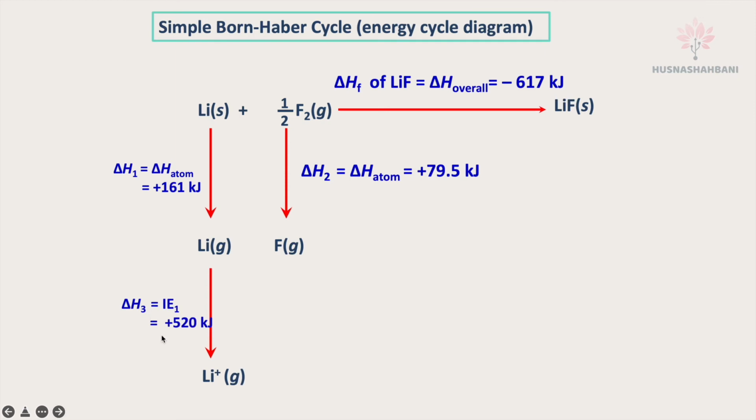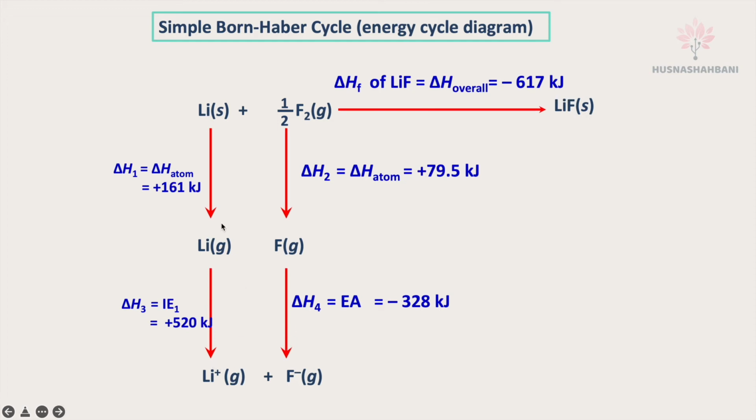This is first ionization energy, and you put the value of the enthalpy here, and then ionize the fluorine atom. This is fluorine atom group 17, so this is electron affinity. If you want to ionize this fluorine, you call it enthalpy of electron affinity, equals negative 328 kilojoule. So this is the electron affinity value.